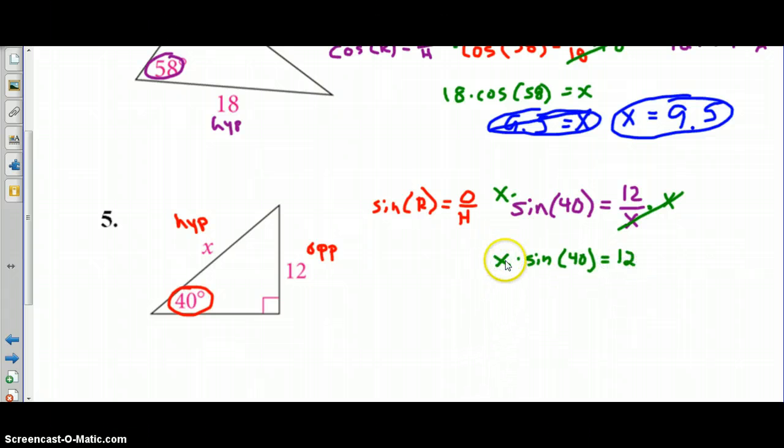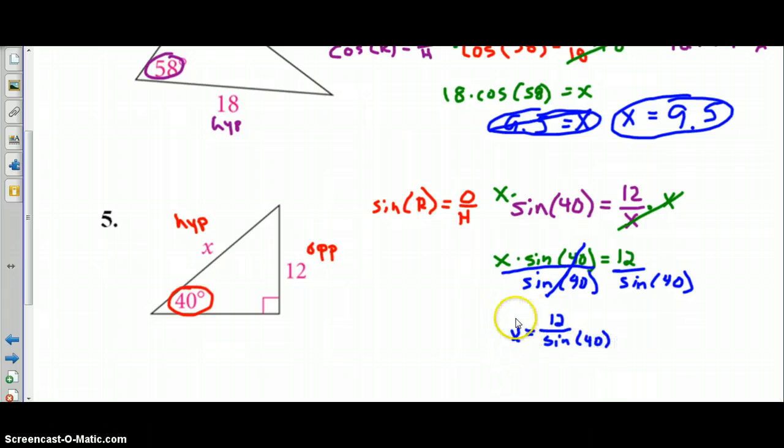Now, x is still not isolated, so to undo multiplication, we divide by the sine of 40 on both sides. Multiplying by sine of 40 and dividing by sine of 40 cancel out, and we are left with x equals 12 divided by the sine of 40.